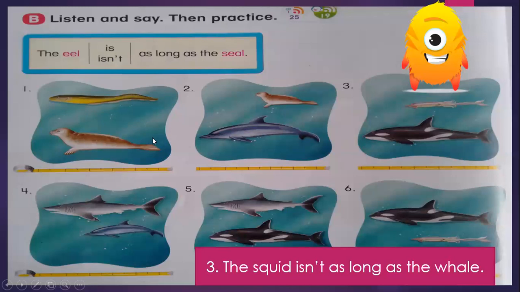What about number 2? In number 2, do we have the same animals? Not at all. There is only one. Here we have seal and what is this? Dolphin. That's right. Very good. So we start the sentence saying, the seal is or isn't?